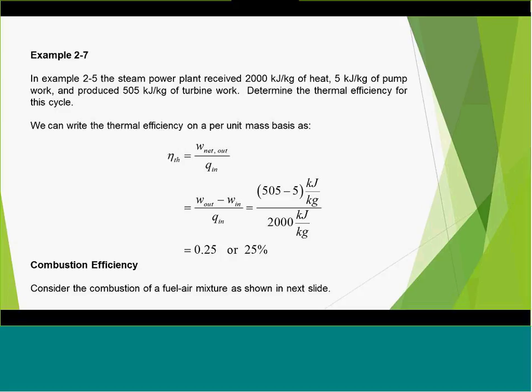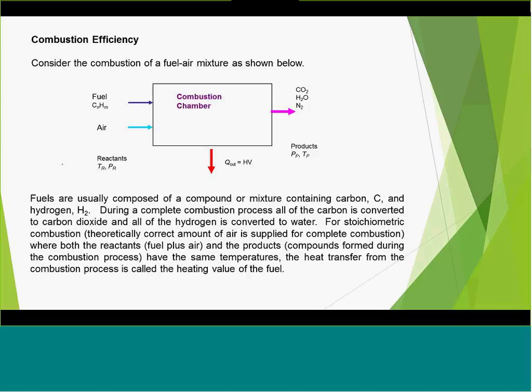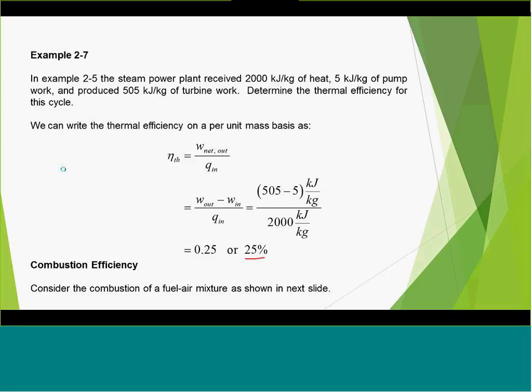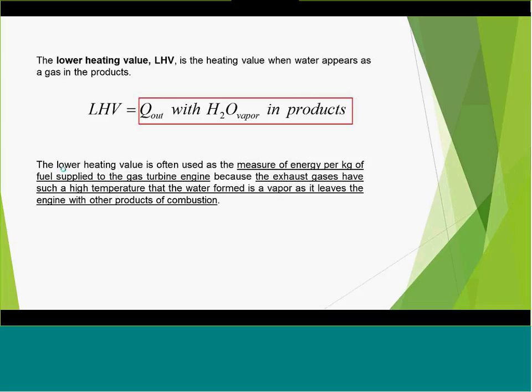Then we perform the calculation, and we get 25% efficiency. That is the combined efficiency, or part of the combustion chamber. In a system we can calculate the efficiency value, but bear in mind the output of the system.